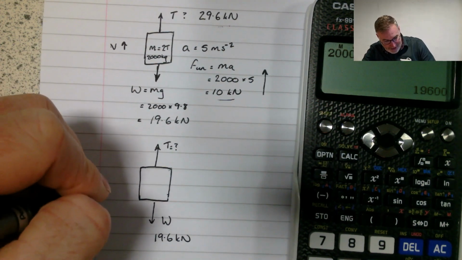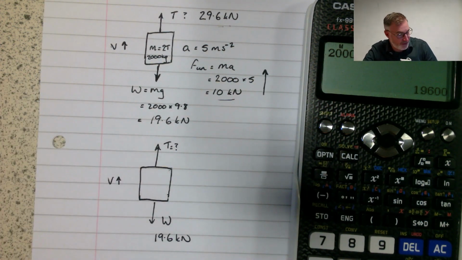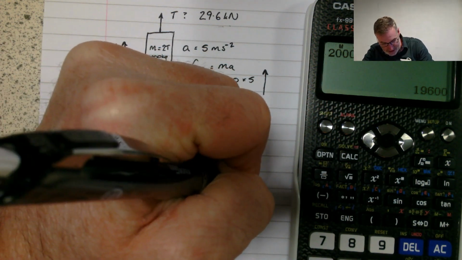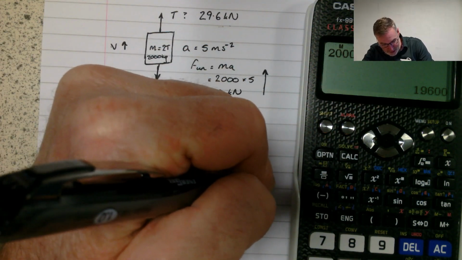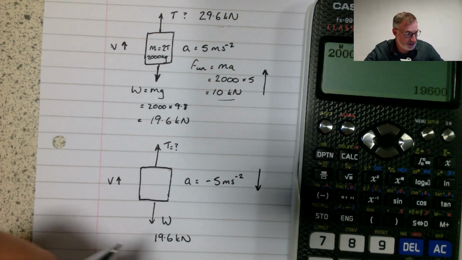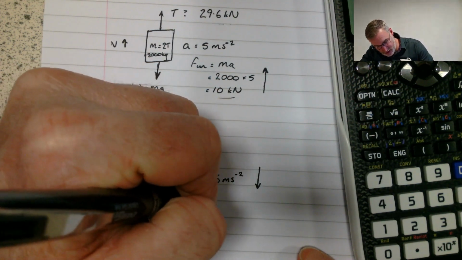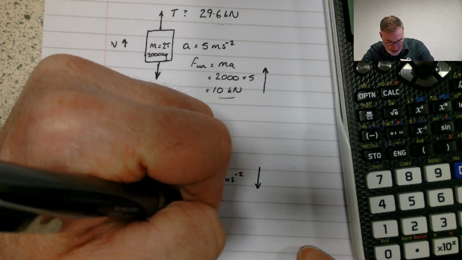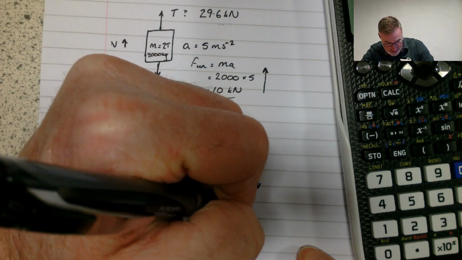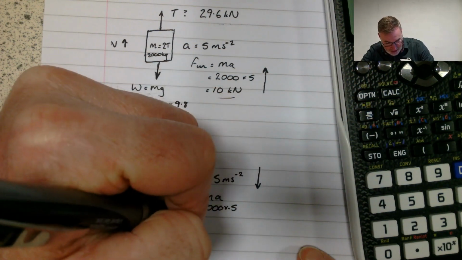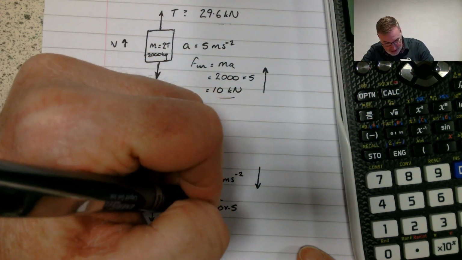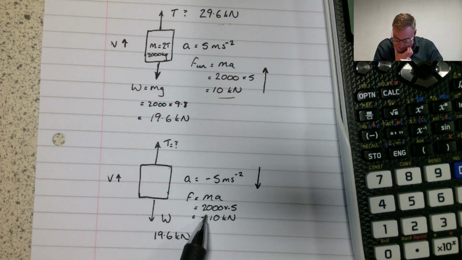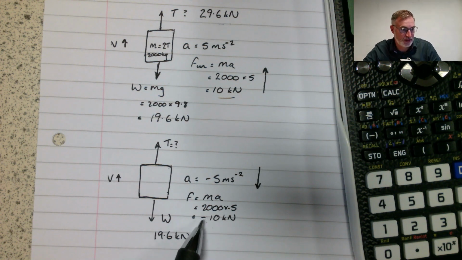Now, if velocity is still going up, but the acceleration, let's just say, is minus 5 meters per second squared, that's going to be a downwards acceleration. So we work out the force. Again, it's going to just be ma, and we're going to have 2,000 times minus 5, and that's going to give us a minus 10 kilonewton force. Now, remember what we use pluses and minuses for.